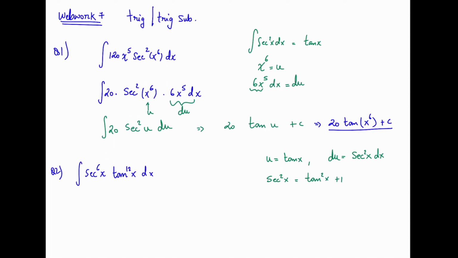These two things are important in order to start off this integral. So I'm going to write it this way: strip off two of these secants and make a facilitator right here.